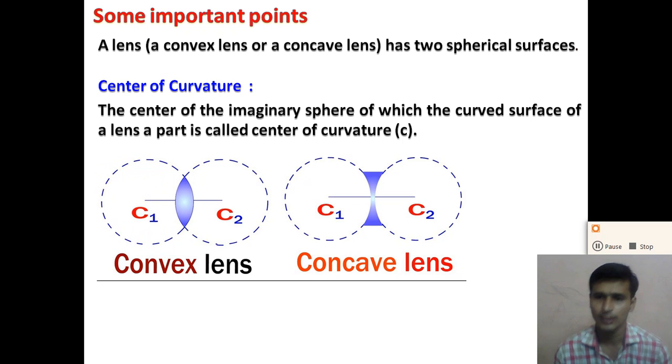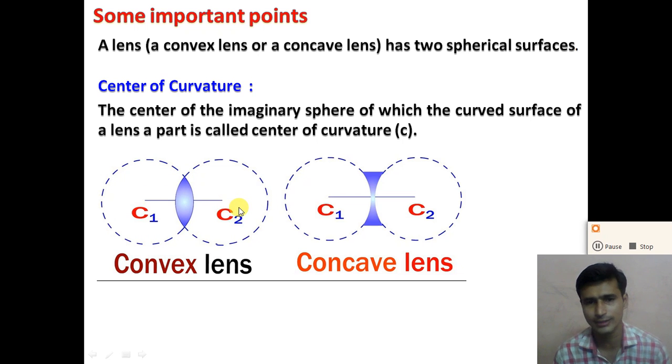So dear student, in the lens there are two centers of curvature, C1 and C2, right? If we consider the outer surface on this side, the center of curvature is C1, and for this outer surface, the center of curvature on this side is C2.